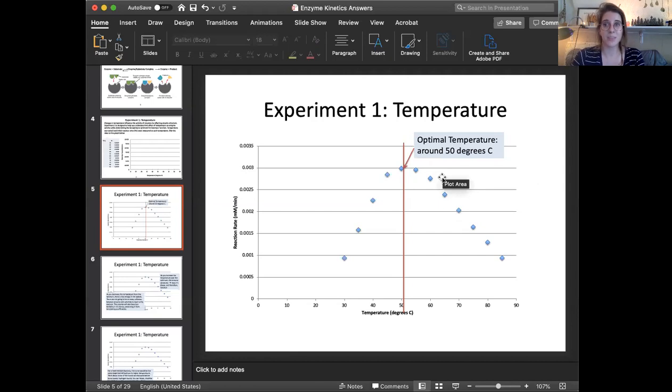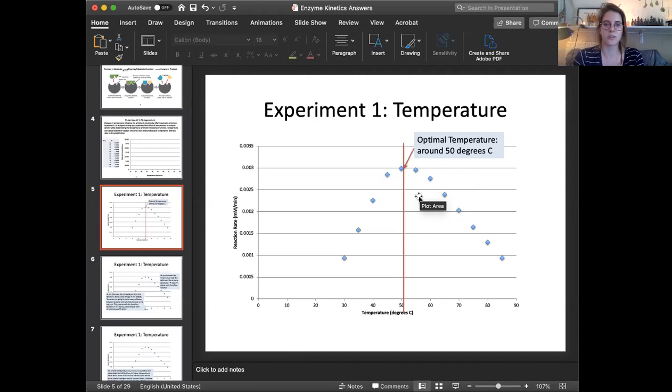So if we remember from last week, we talked about what kind of things cause this at high temperatures. Try to think about that. But it really is just the breaking of bonds. So bonds are being broken, things are being cleaved, and shapes are changing. Once you get to a point where the shape is so far gone, you're essentially going to get no enzyme activity left.